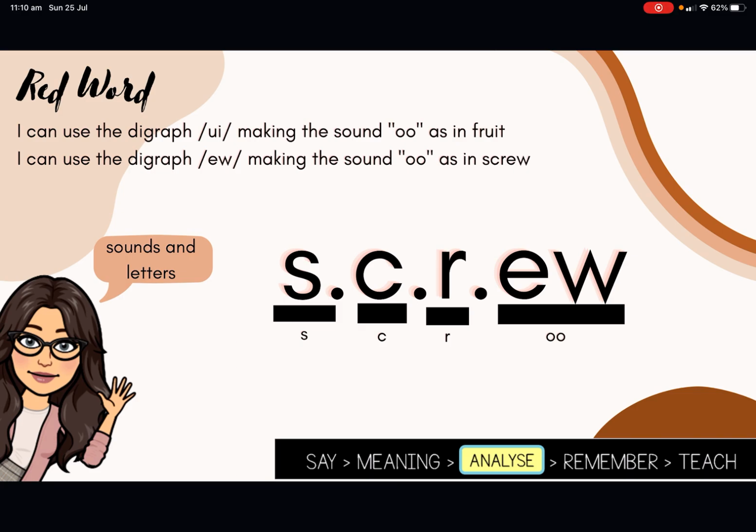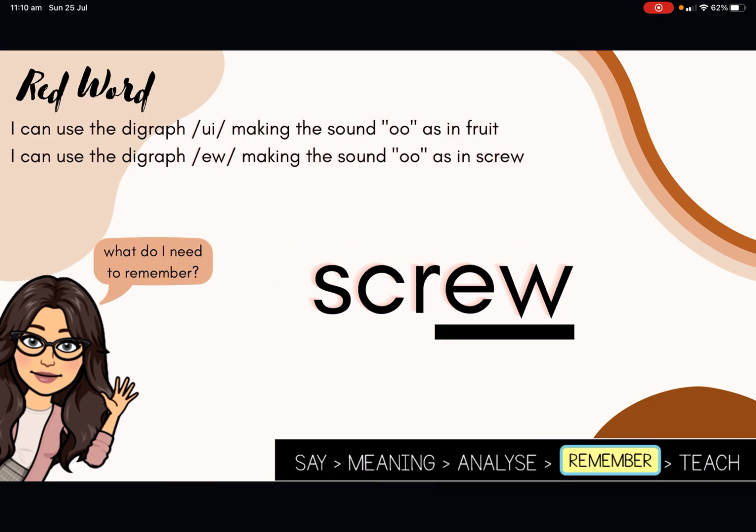So we've got S, C, R, E, W. Okay, what part of the word screw do you need to remember? Now I've underlined the digraph focus EW, which is making the oo sound. However, you may need to remember that the k sound is actually being made with the letter C. This part of our spelling process is entirely up to you.